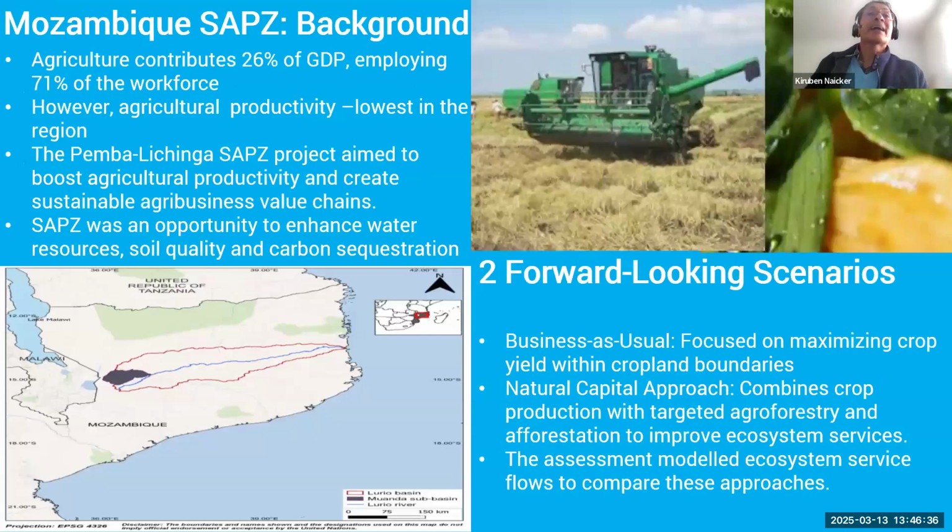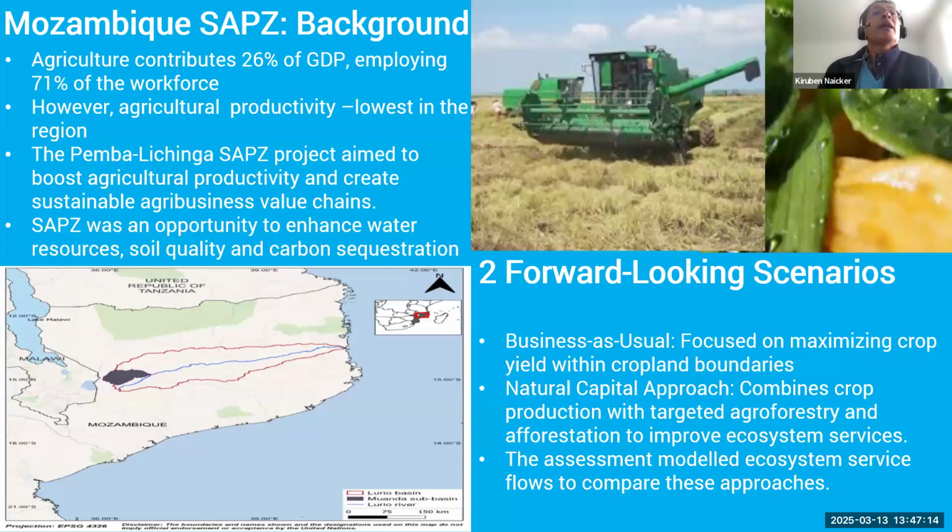So just a little bit of background to this and context of Mozambique. Agriculture contributes 26% of the GDP, employing 71% of the workforce. However, agricultural productivity in Mozambique is the lowest in the region. And as such, the Pemba Lichinga SAPZ project came about, which aimed to boost agricultural productivity and create sustainable agribusiness value chains.